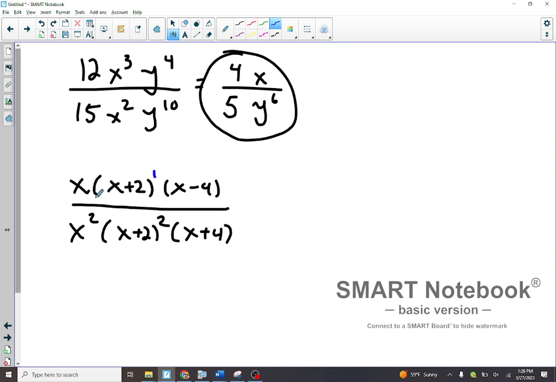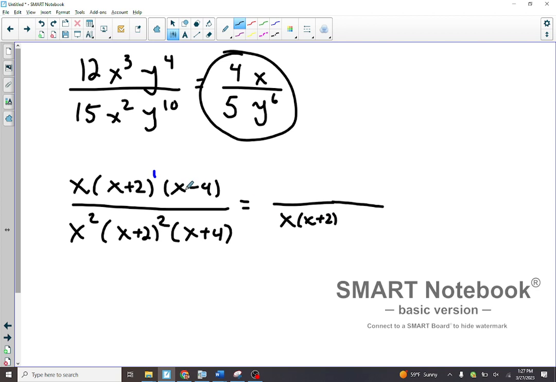Just like the x's, like x over x squared, that would mean there's one x left over on the bottom. In this situation, x plus 2 to the 1 power over x plus 2 to the second power, it's the same situation. It's not x this time, it's x plus 2, but there's still going to be 1 left over on the bottom. So x plus 2 to the 1 power. There's nothing here, so to the 1 power.